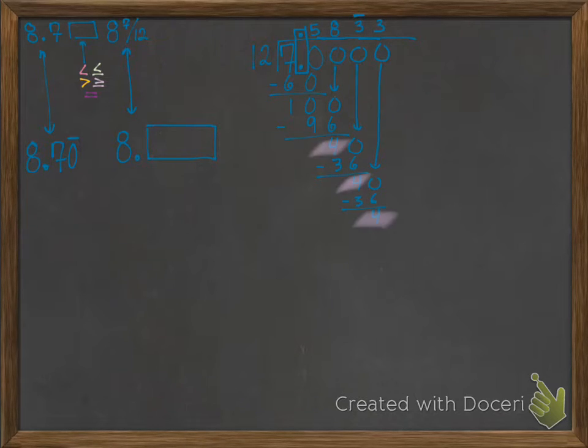I don't need to do it over both 3's, because 0.3 repeating means 0.333 forever and ever and ever. 0.3 with a bar over both of them means 33, 33, 33.